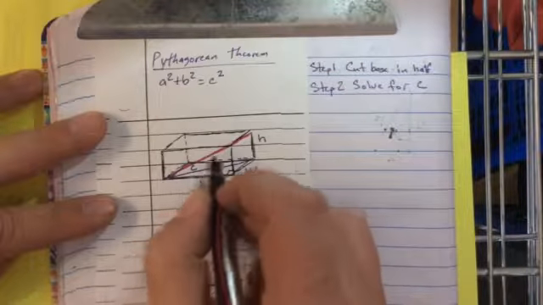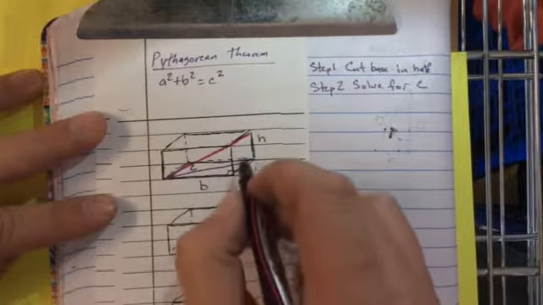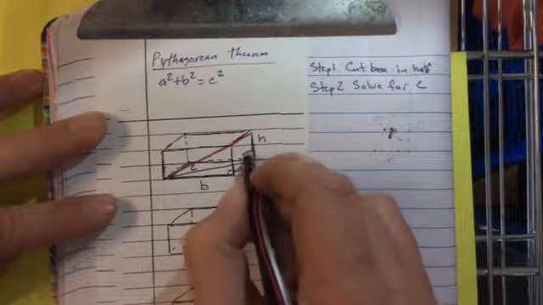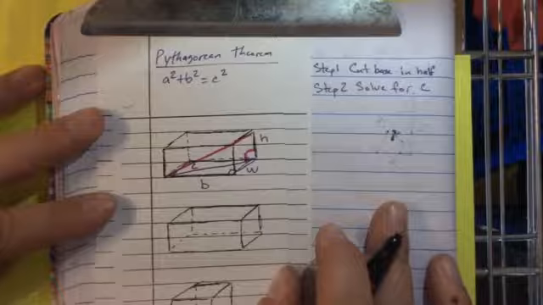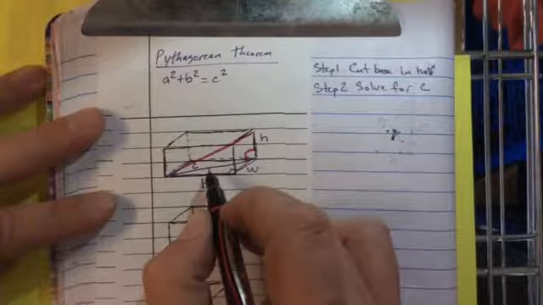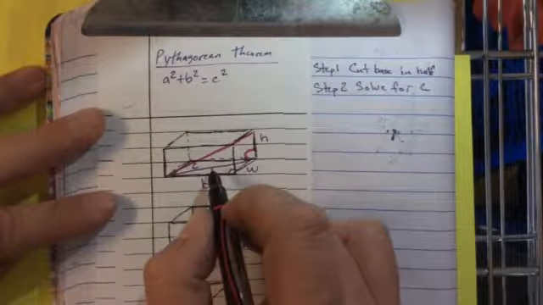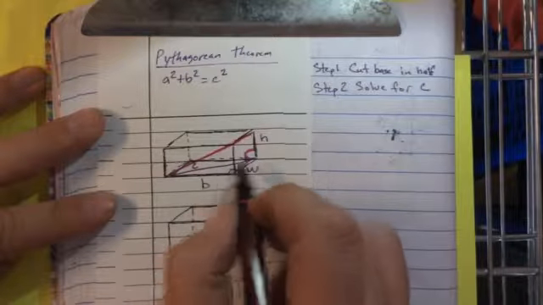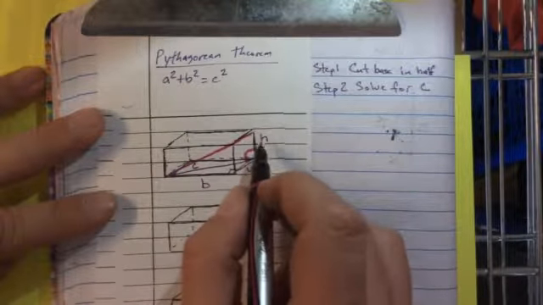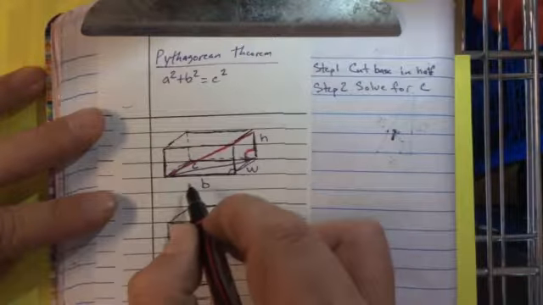And this diagonal that I just drew has become the hypotenuse for the right triangle that is created with the hypotenuse of the base rectangle, or the base triangle, and then we have our height, and there we have a right triangle.